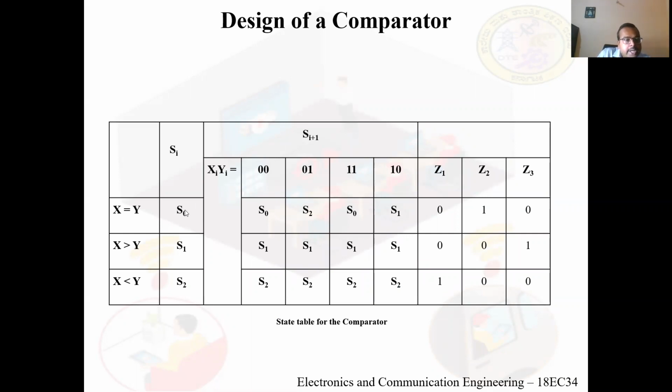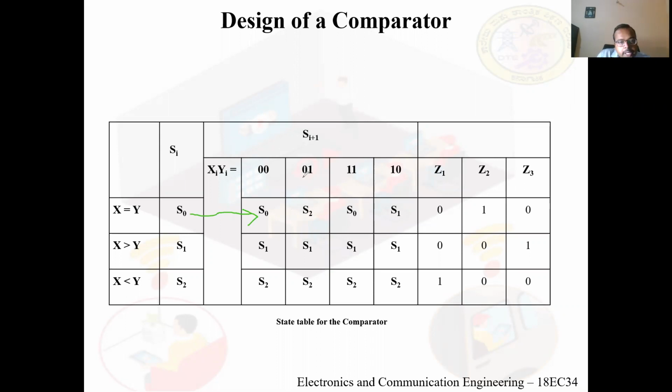When I say S0, it means that X is equal to Y. It means that you compared all the bits till now, and we know that X is equal to Y. Now again the input we have is Xi is 0, Yi is also 0. Since both are 0, the next state is also equal to S0 here.